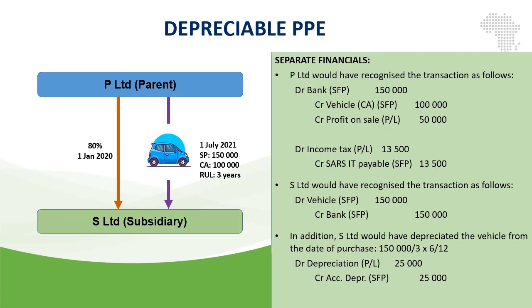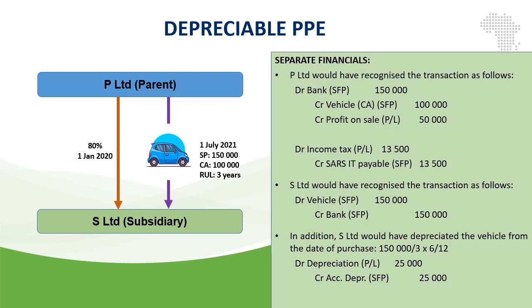In the books of S Limited, they debited vehicle with 150,000 because that's what they paid for the vehicle, so that is their cost for this vehicle. And then they credited bank with 150,000 being the amount that was paid to acquire this vehicle.